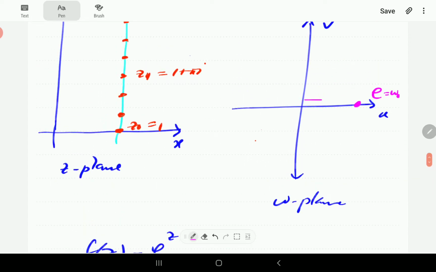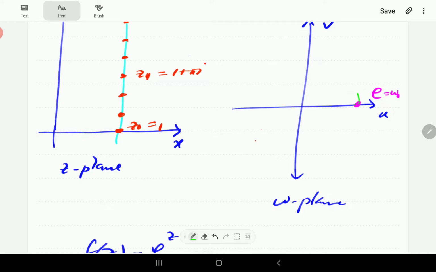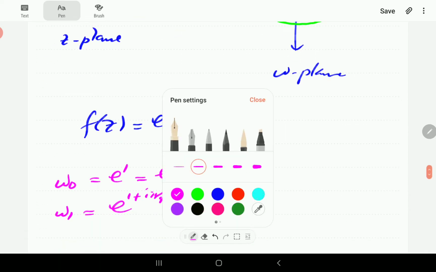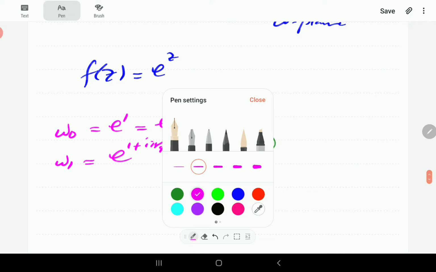So what we're going to do is make a circle here, a circle of radius e, and w1 is going to be on that circle at the angle of pi on 4, which is that angle there.